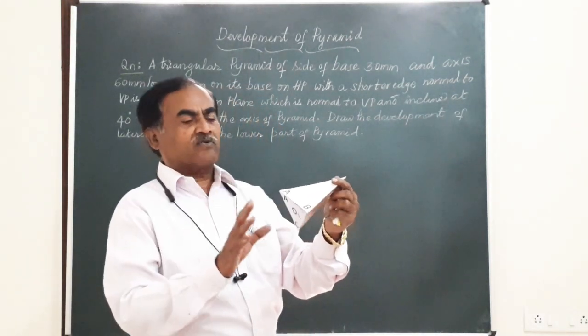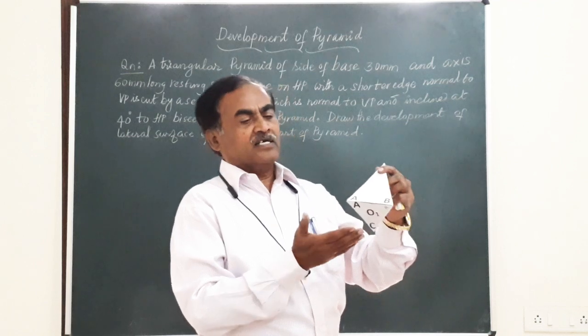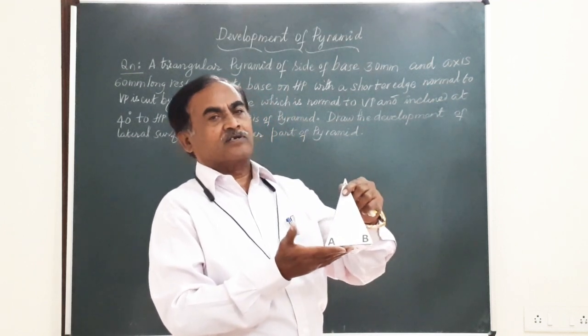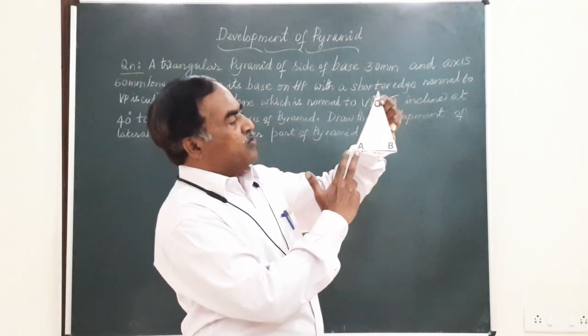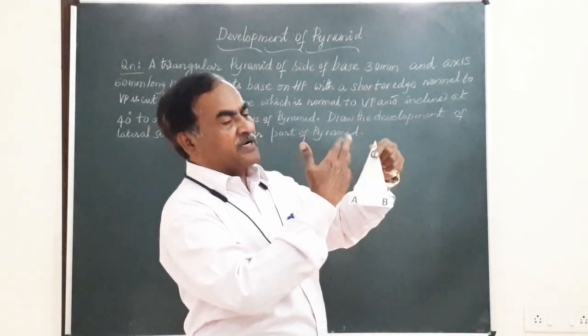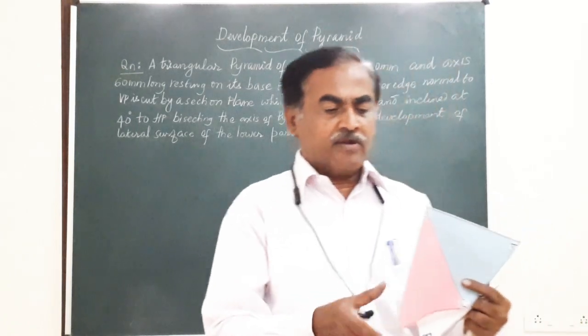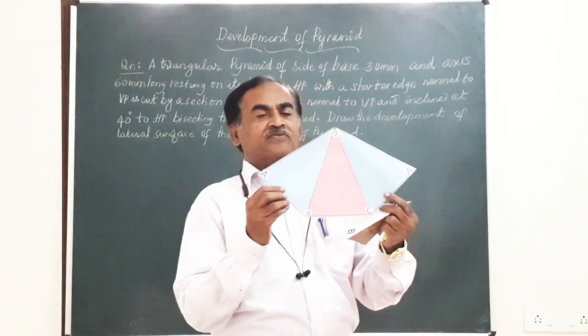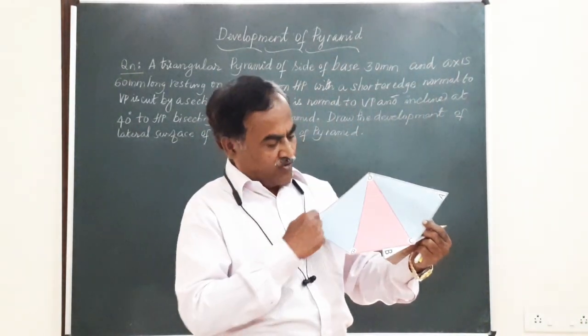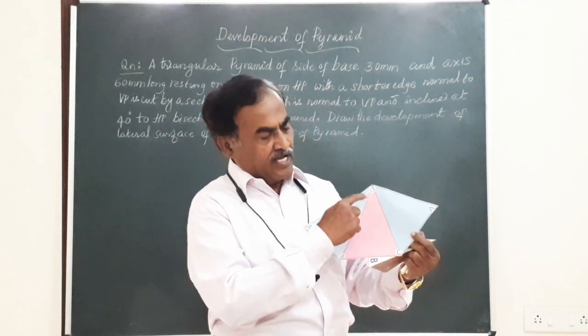Generally the developments are drawn assuming that the bottom is open. So if you cut it open on OA and spread it on a table, you get the development in the form of three triangles, OAB, OBC and OCA.